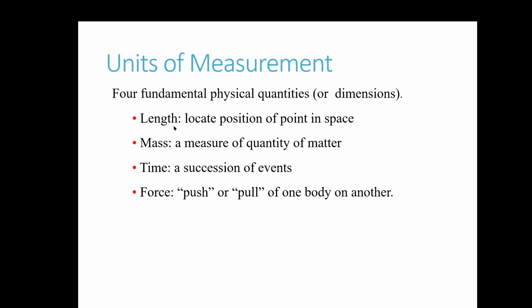And we're going to find that any of the other units we use, be it velocity, which is length divided by time, or acceleration, length divided by time squared, are derived. Everything else is a derived unit. So these are our 4 base units, and everything else is derived.